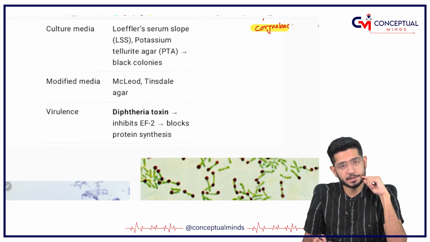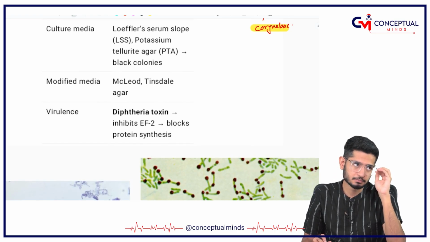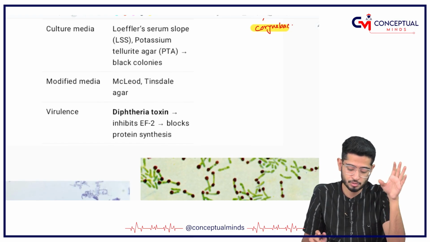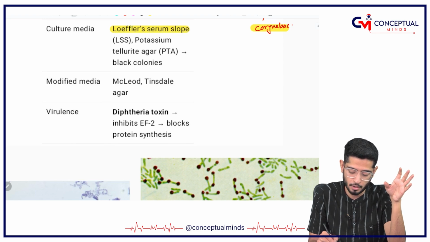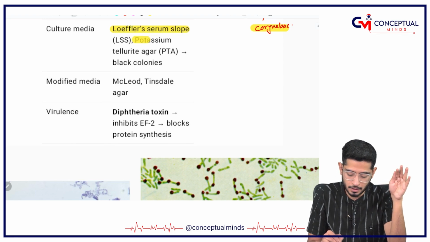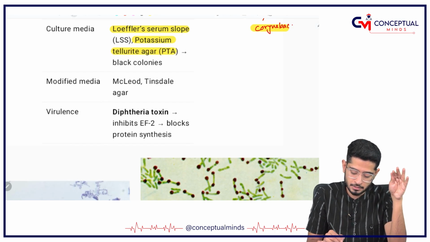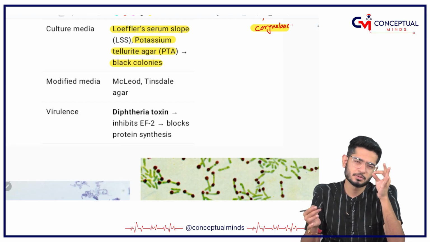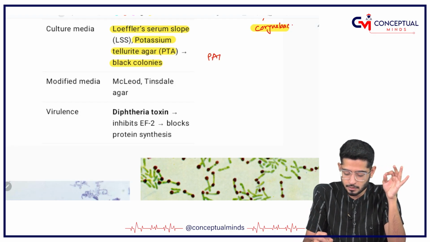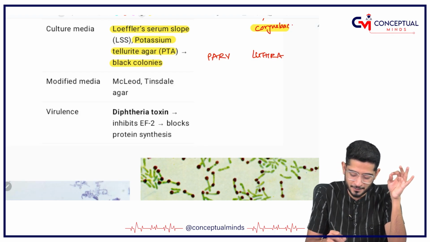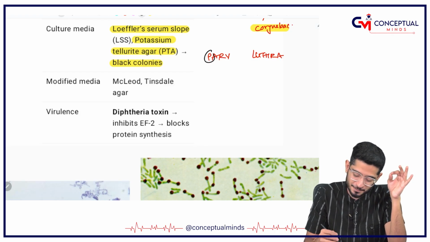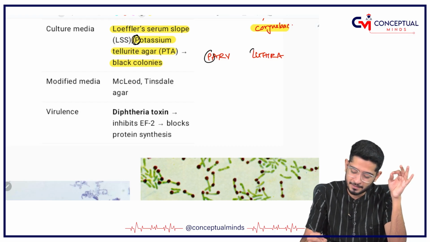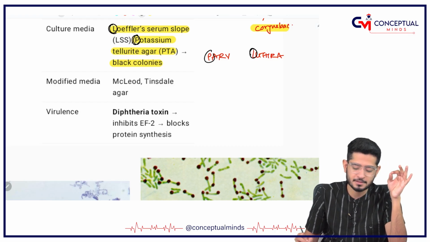What is the culture media? In order to see Corynebacterium diphtheriae, you use a culture medium called Loeffler serum slope, and also Potassium Tellurite Agar, which shows black colonies. You can remember this from my name only: P for Potassium Tellurite Agar, L for Loeffler serum slope.